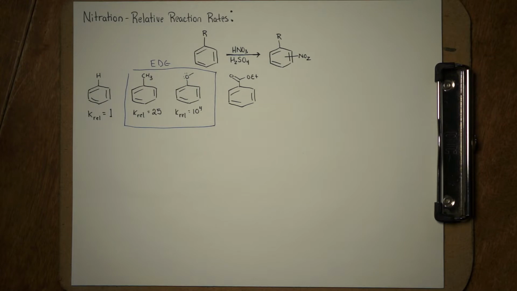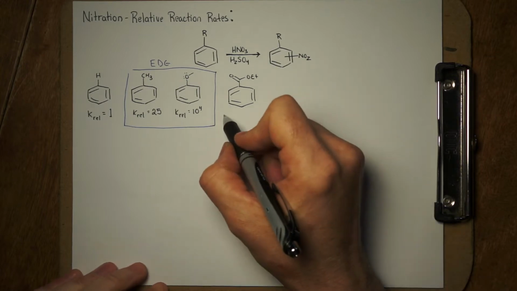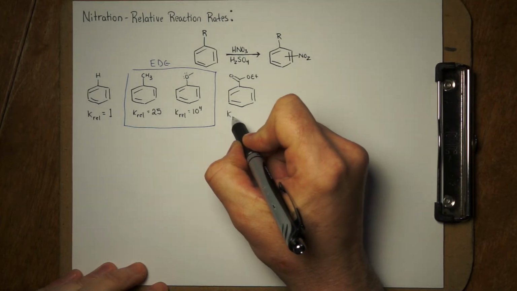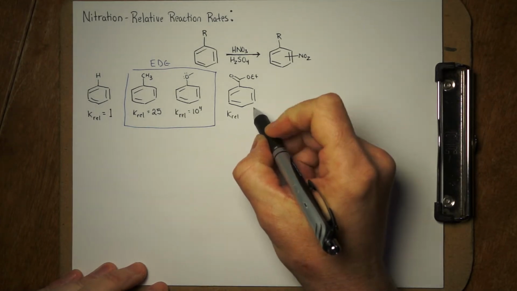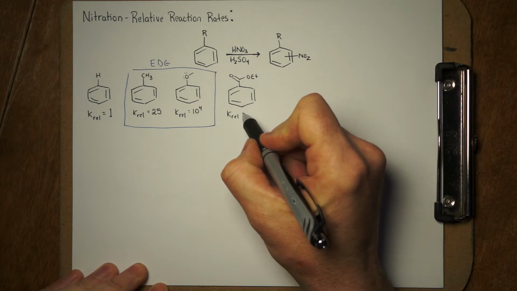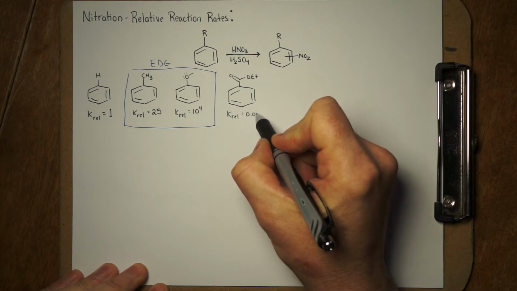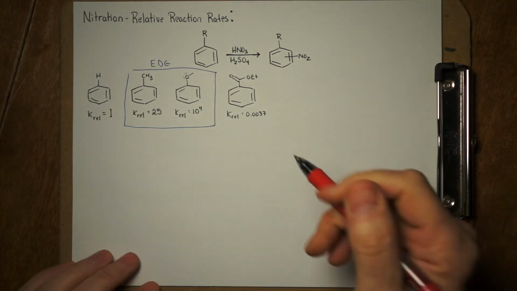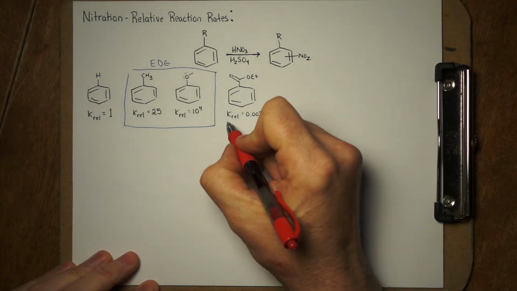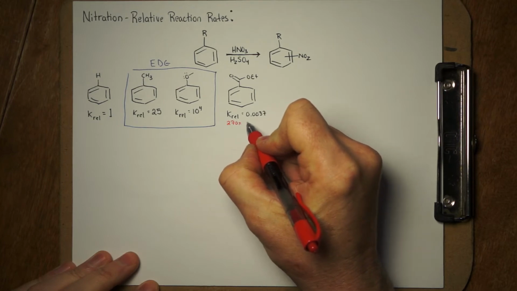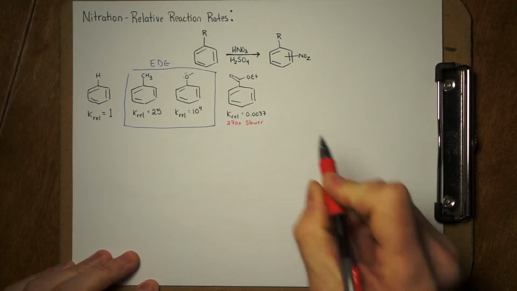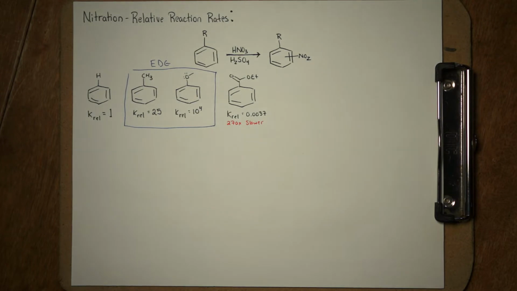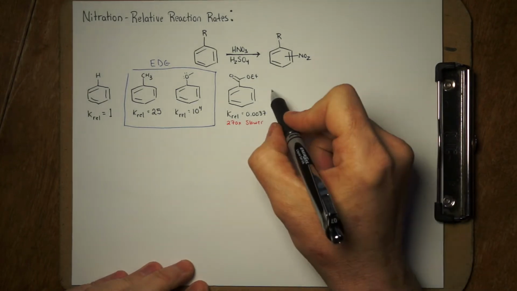And so these reactions should occur more slowly than benzene. And so in fact, the relative rate constant for this ethyl ester is going to be 0.0037. All right, and so just for some reference, what that means is that this is going to be 270 times slower than just regular benzene. The substitution of ethyl benzoate is 270 times slower than benzene.